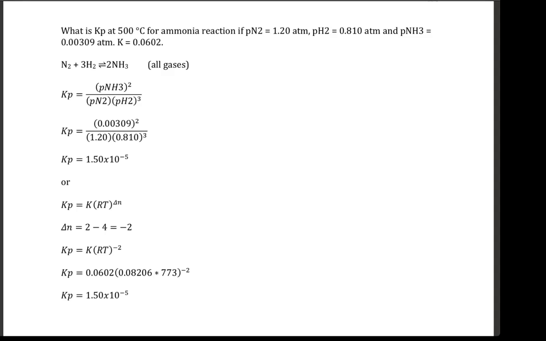So to enter that in our calculator, we would type 0.0602 times parenthesis 0.08206 times 773 closed parenthesis caret negative 2.